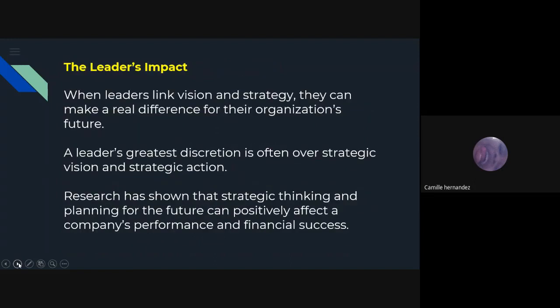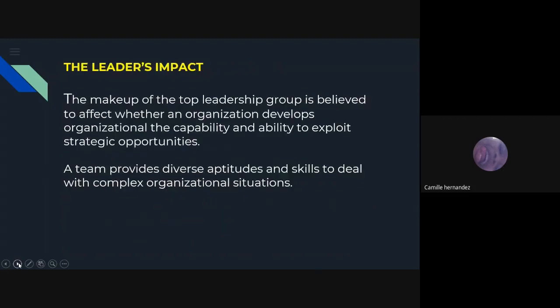Move on to the leader's impact. When leaders link vision and strategy, they can make a real difference for their organization's future. A leader's greatest discretion is often over strategic vision and strategic action. Research has shown that strategic thinking and planning for the future can positively affect a company's performance and financial success.